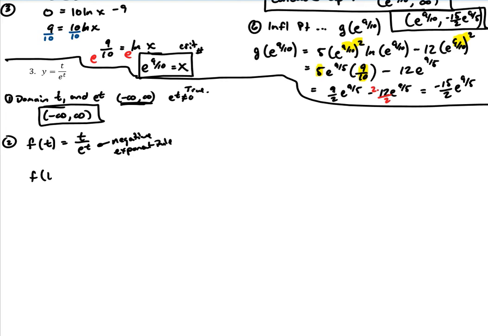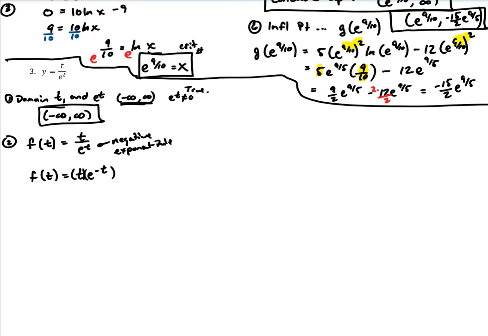I think that might be easier. So let's rewrite it as f of t equals t e to the negative t. I'm using the negative exponent rule on the denominator. Now that it's written like this, I can do the product rule instead. Again, you could have left it and done the quotient rule, but I'm going to use the product rule because I think it's a little easier.